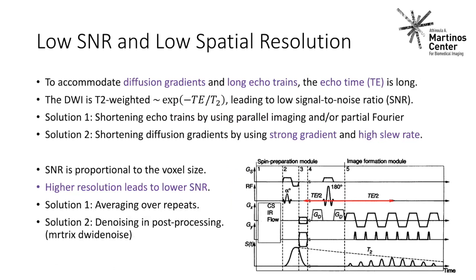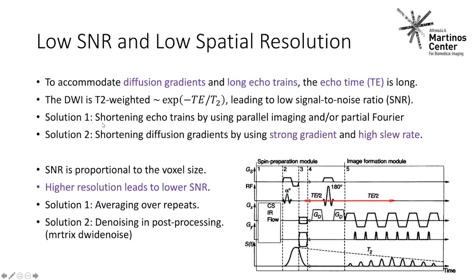Okay, so the first thing is low SNR and low spatial resolution. To accommodate diffusion gradients and long echo trains, the echo time is pretty long, as shown by these red arrows. And the diffusion MRI is T2-weighted, so it has an exponential decay with decay time constant T2. So it leads to a low signal-to-noise ratio because the echo time is too long.